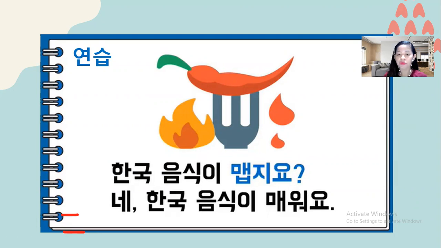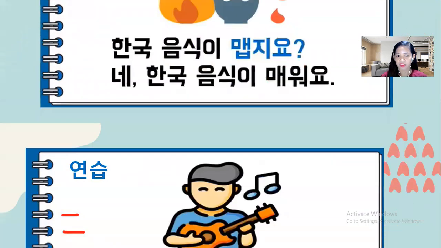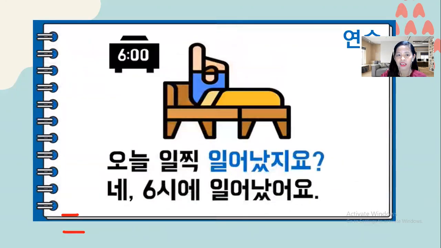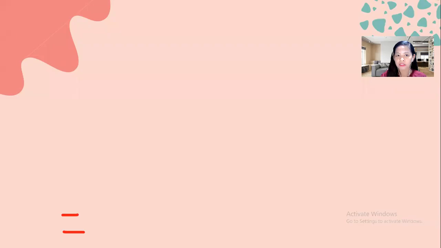Yes, Korean food is spicy, right? Another one. 기타를 칠 수 있지요? English translation? Yes, right? So you can play guitar, right? 네, 기타를 칠 수 있어요. Okay, right. And more examples.